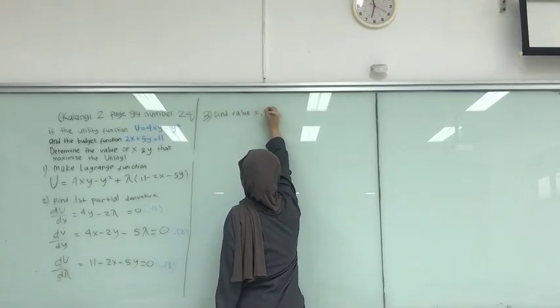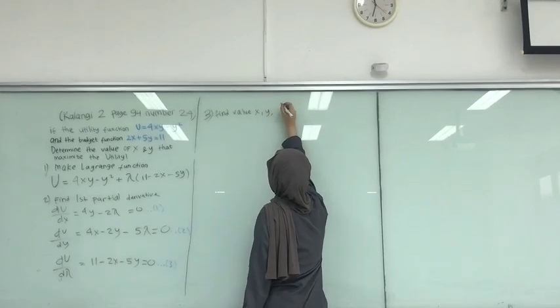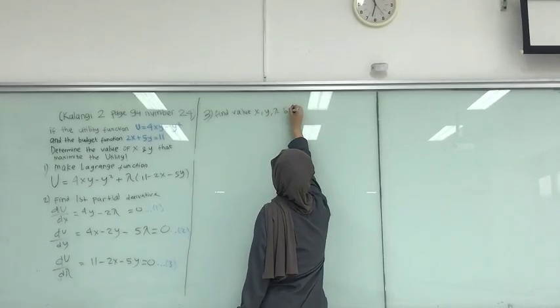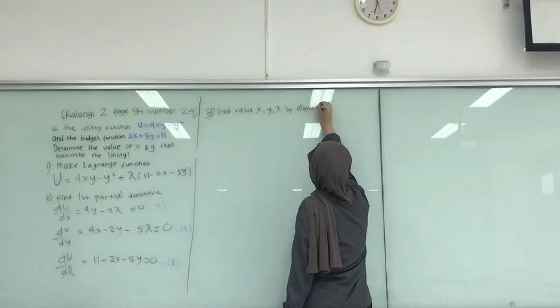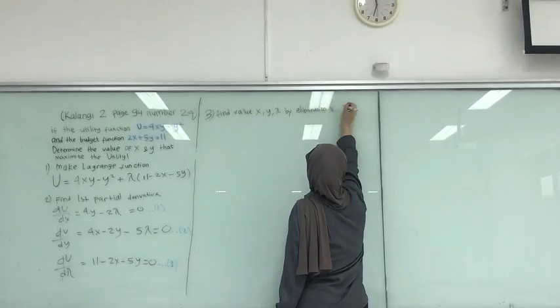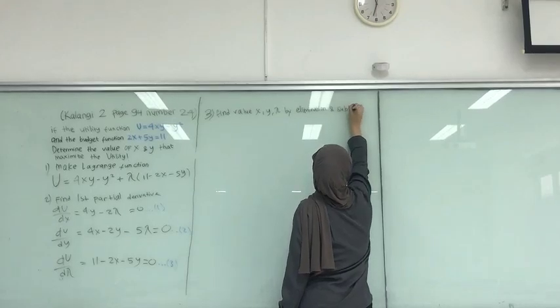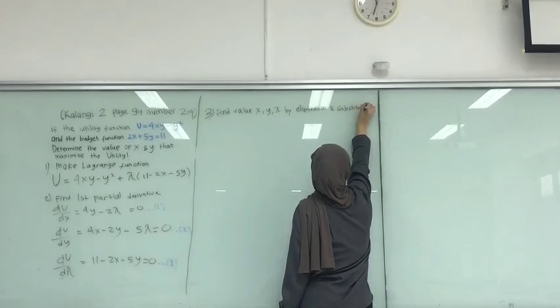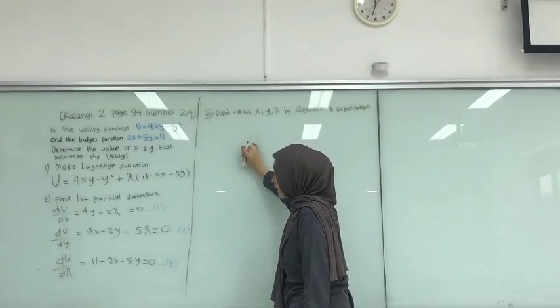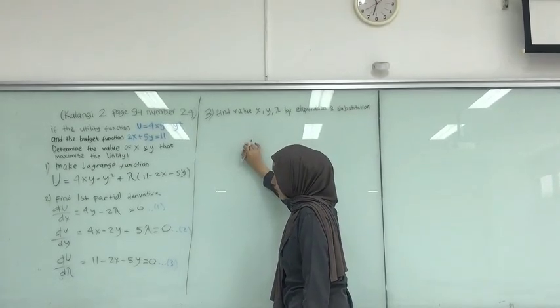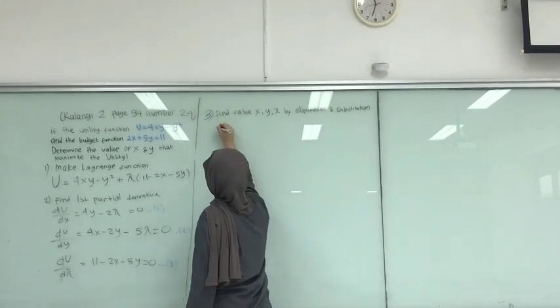And then the third step is to find value of x, y, and lambda by elimination and substitution. So first we eliminate the first and second equation.